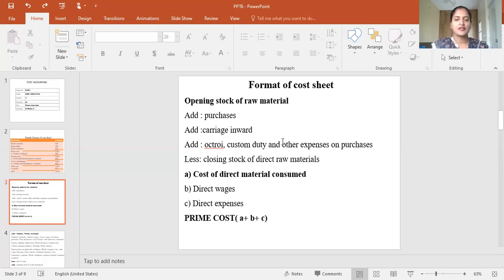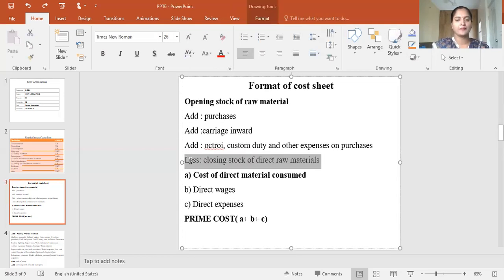At the time of manufacturing, these are the expenses that should be added to the raw materials. Everything put together, we add to the opening stock of raw materials. For that, we are supposed to add the purchases. If we incur any expenses, all those expenses should be added to the opening stock of raw materials. And if any closing stock of raw materials is given in the problem, that should be deducted.